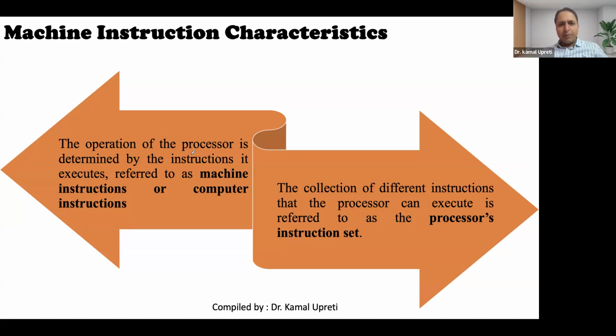So if you can see here, the operations of a processor are determined by the instructions. Yes, please understand. Computer instructions. I'm just giving a very, very good example. If you can see here, A plus B, I can say it becomes C. So A, B, and C, all three are operations.